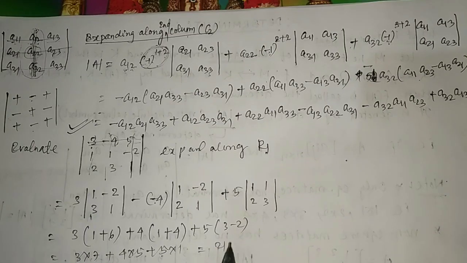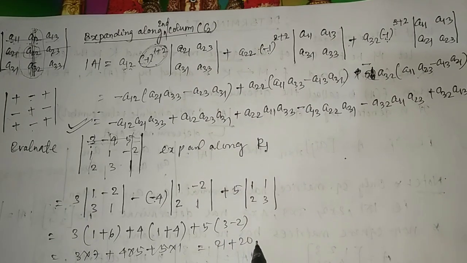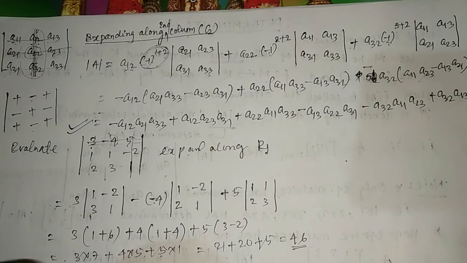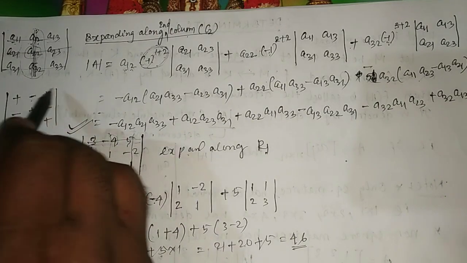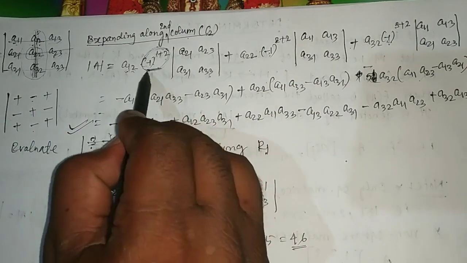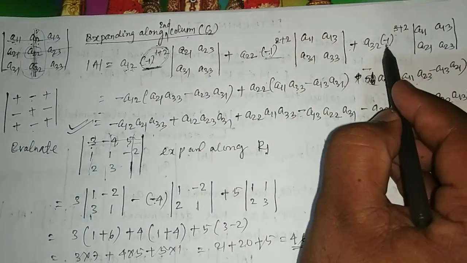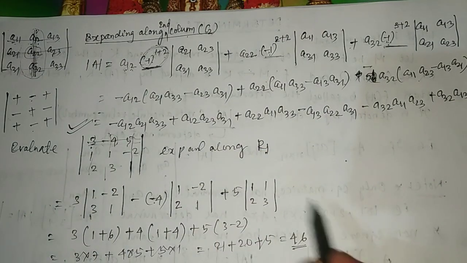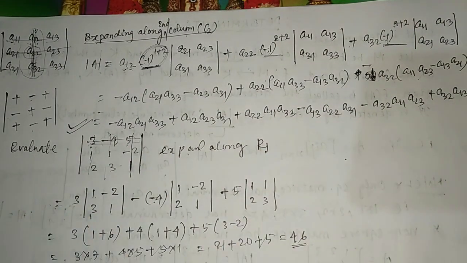So here 21 plus 20 plus 5, here we get 46. So we can directly use this sign convention without writing this minus 1's power of addition of subscripts. Okay, so in this way we can find a third order determinant.